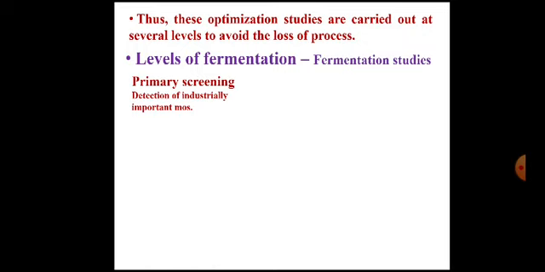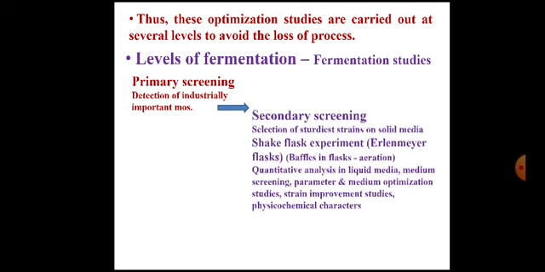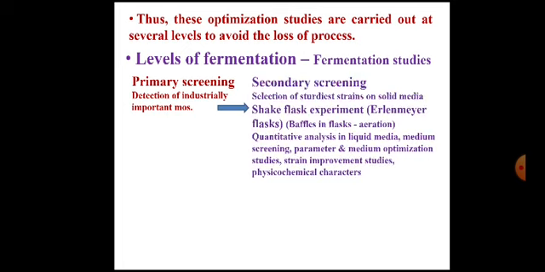The first step is primary screening, as we have studied. At this level, the detection of industrially important microorganisms is done. Then it is followed by secondary screening. Secondary screening has the objective of selecting the sturdiest strain on solid medium.